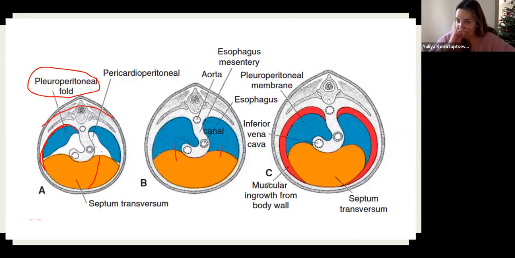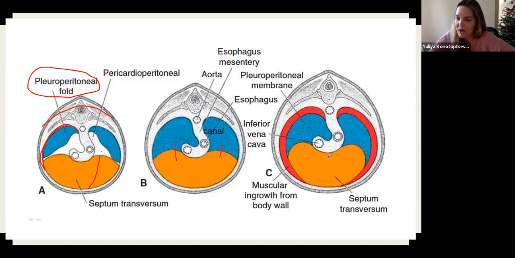So you must remember that to be able to make a proper diaphragm, myotomes, you remember paraxial mesoderm? It has somites, right? It has sclerotome, dermatome, myotome. So myotomes, specifically from C3, C5, will migrate here and be responsible for the skeletal muscle of the diaphragm.